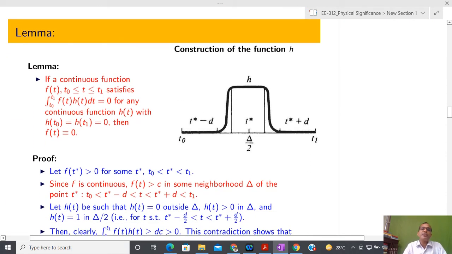In order to prove this theorem, I need one lemma. Whenever I have to prove a big result, sometimes a small result is required.